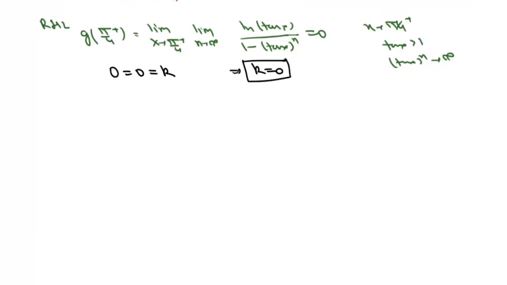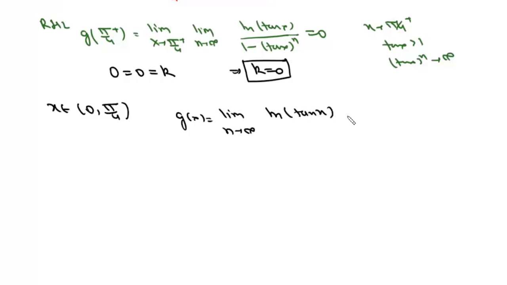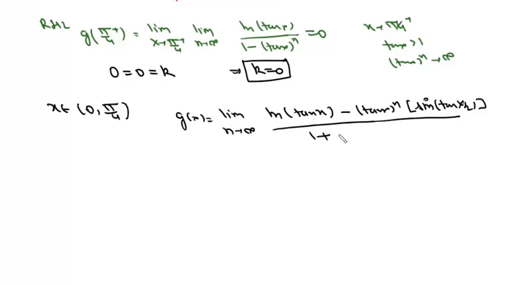Now in 0 to pi by 4, we know that g(x) is this limit, n tends to infinity, log 10x minus 10x to the power n times the greatest integer function of sine 10x by 2, upon 1 plus 10x to the power n.